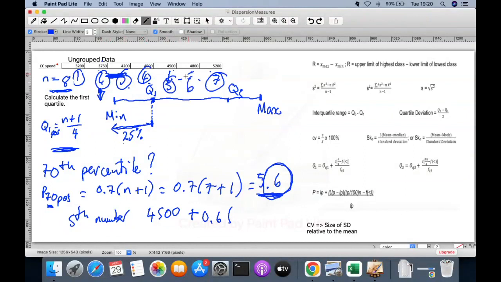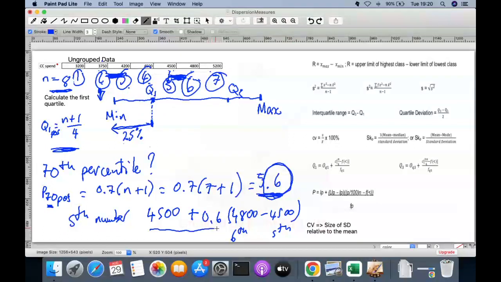Here's the sixth number. So you want to work with the length between the two of them, which is 4,800 minus 4,500. In other words, 48 minus 45. This is the sixth number, and this is the fifth number.